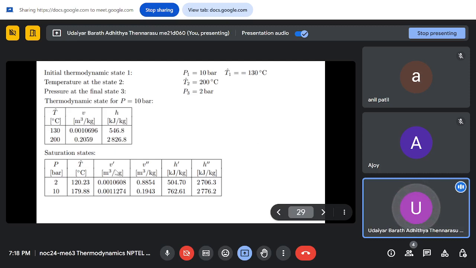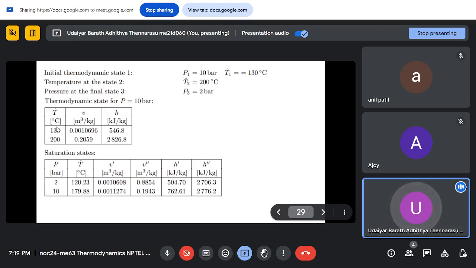So this is the change in process, and what is known is initially your pressure is 10 bar. So pressure 10 bar, you're changing from state 1 to state 2. Your temperature is 130 degrees Celsius initially. After heating it is reaching 200 degrees Celsius, and the final pressure is 2 bar. So thermodynamic states are given.